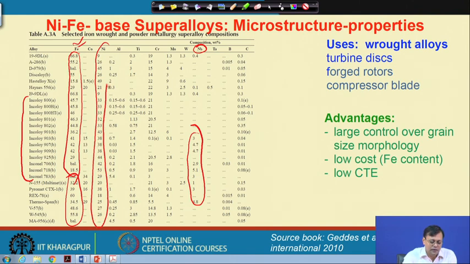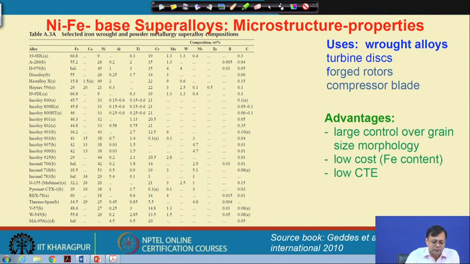So, if you have a look at the nickel and iron content of the alloy, please have a look at, let us say, Inconel 800H, which is also a very famous alloy.